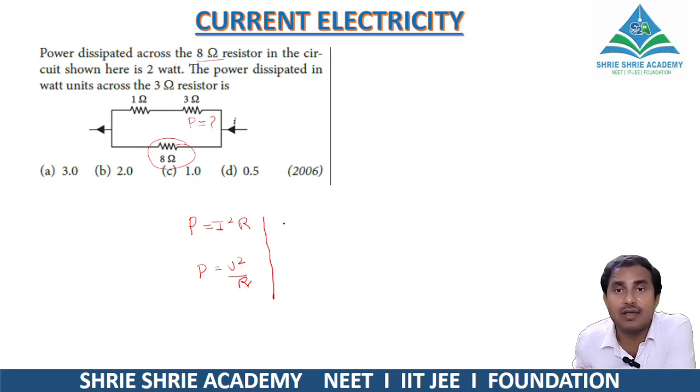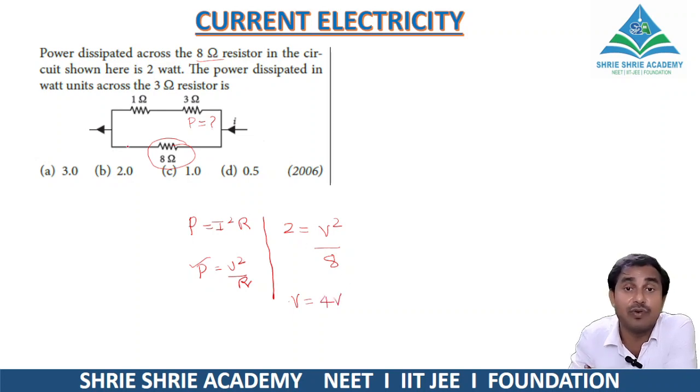The power is given as 2 watt, so we can find the voltage across this 8 ohm. Because power is equal to V square by R, and here R is 8, the voltage you get is 4 volt.